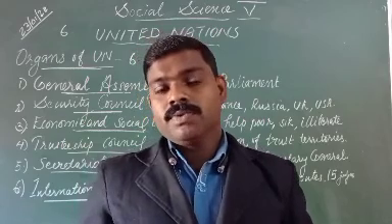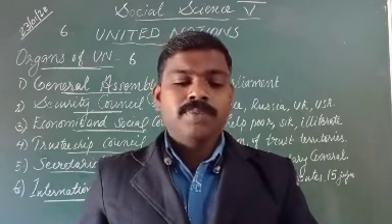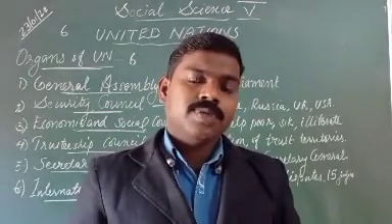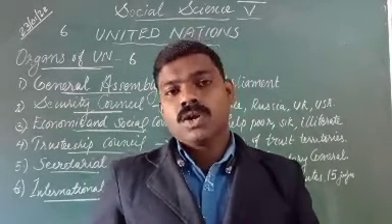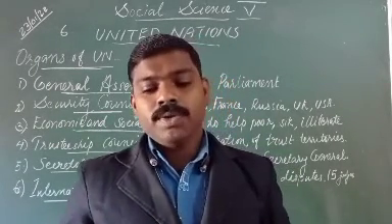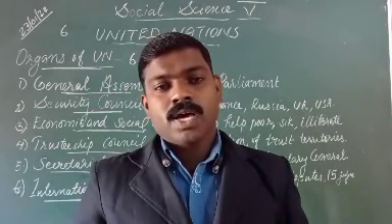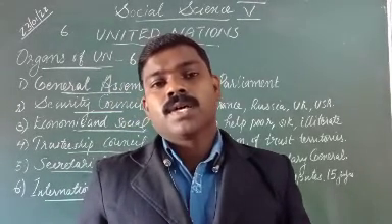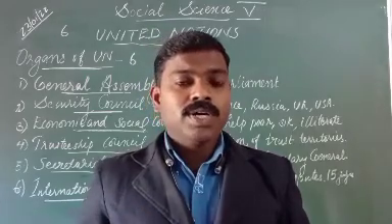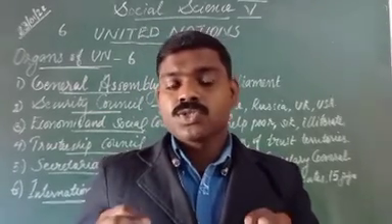In the first organ, we understand the problem is raised in the General Assembly. After the discussion, if it is not solved, then it will be taken to the International Court of Justice, and there they will give the verdict and solve the problem.